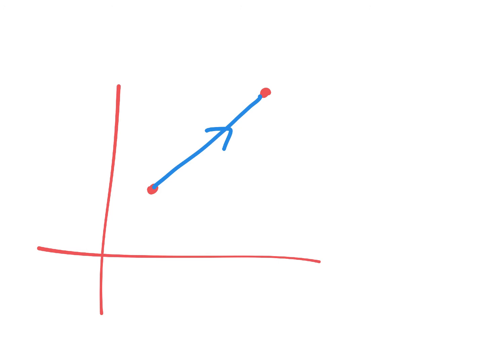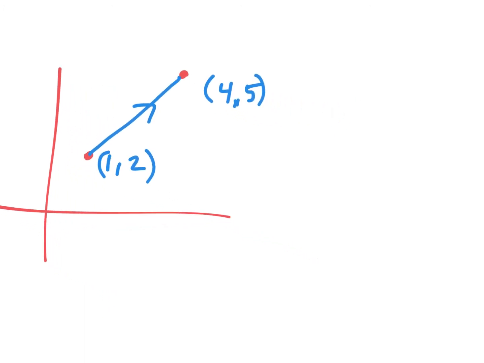So I want it to go from 1, 2 to stop at, let's say this is 4, 5. I wonder if anybody here is strong enough in the force to be able to write me a parametric without any help. I want to give you a minute. Just try to write me a parametric equation that would do that.